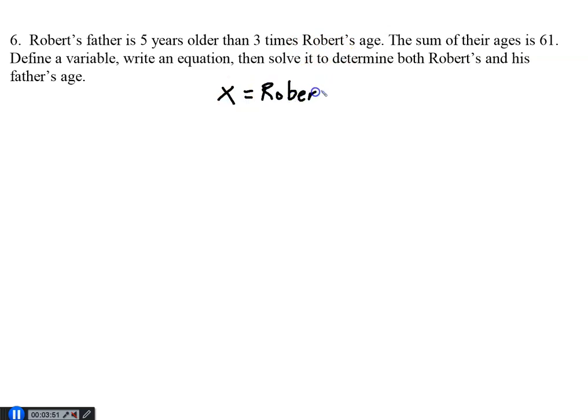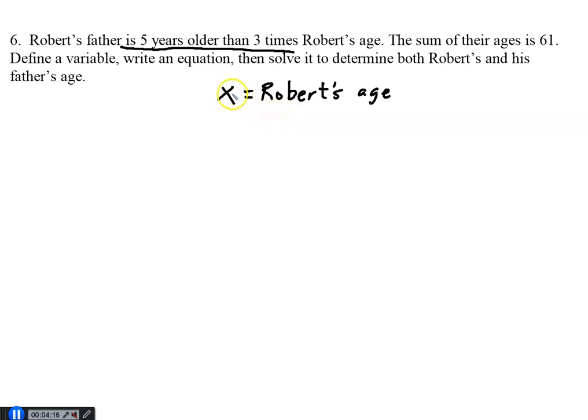Because Robert's dad, it's a little bit like what we just did. Robert's dad's age is described as 5 years older than 3 times. So we can start with Robert's age, and we can make dad's age using this variable and using these phrases, 5 years older than 3 times.